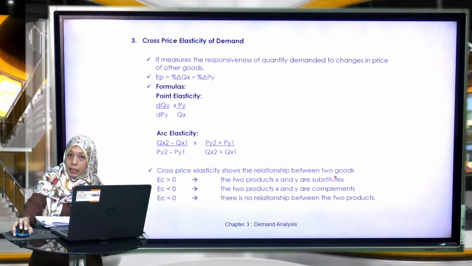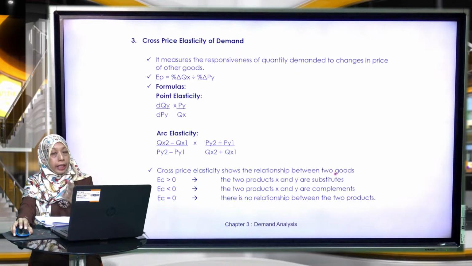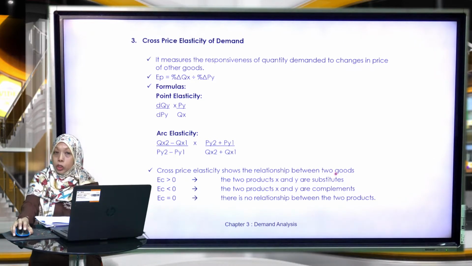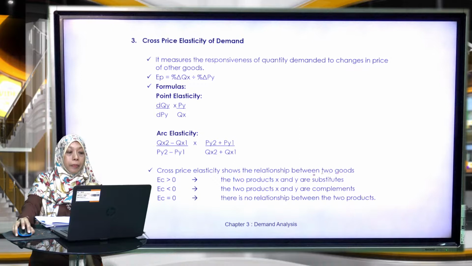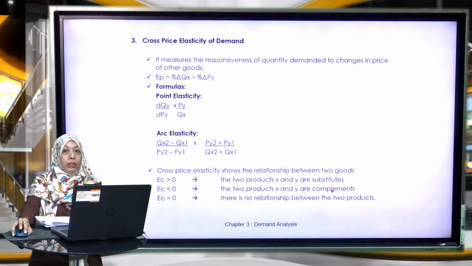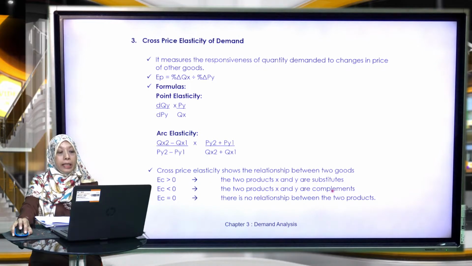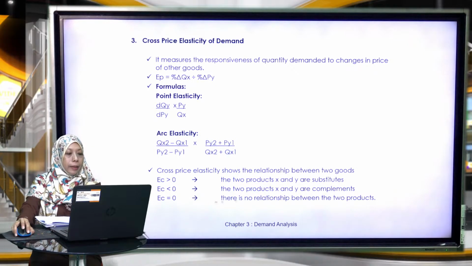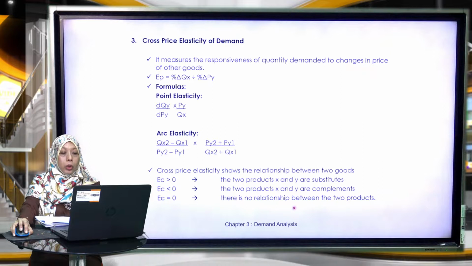If you don't have X, consumers can use Y. If there is no product Y, then consumers can use product X. Now, if the coefficient shows a negative value, then the two products are said to be complements, meaning that the two products are used together, just like pen and ink. And if the coefficient equals 0, then there would be no relationship between X and Y.